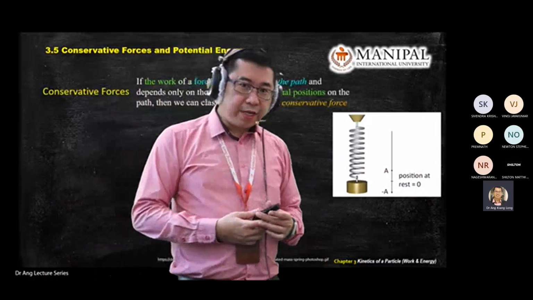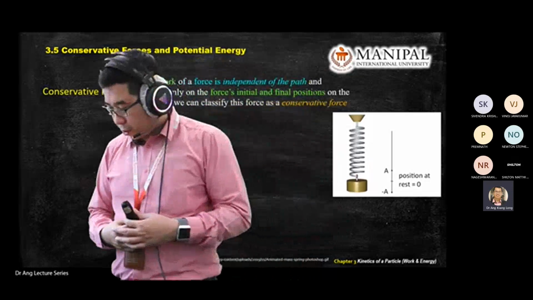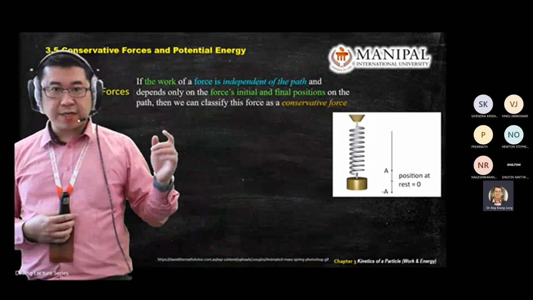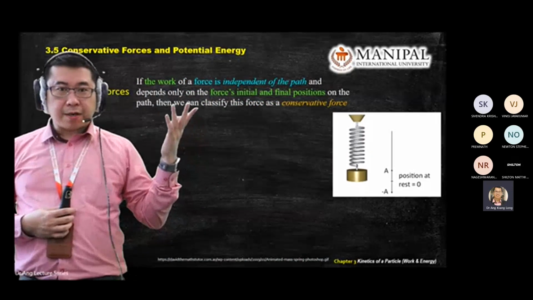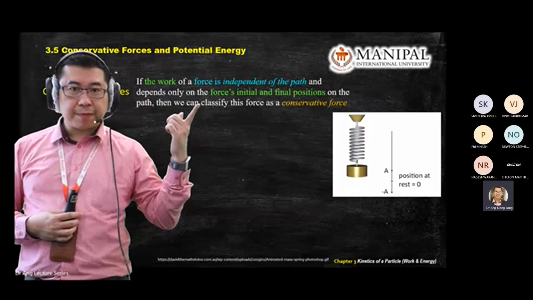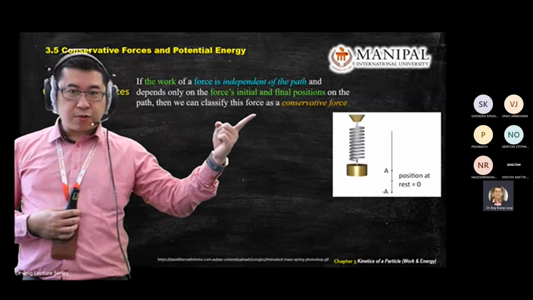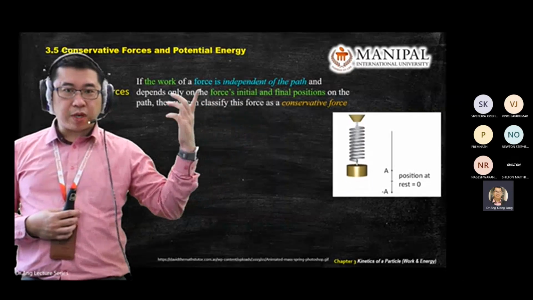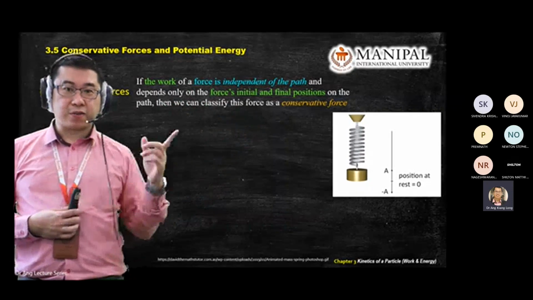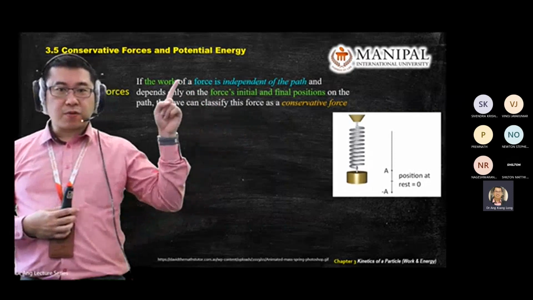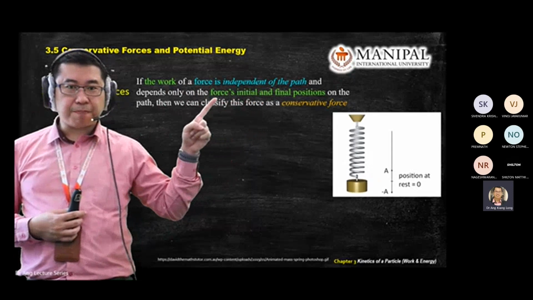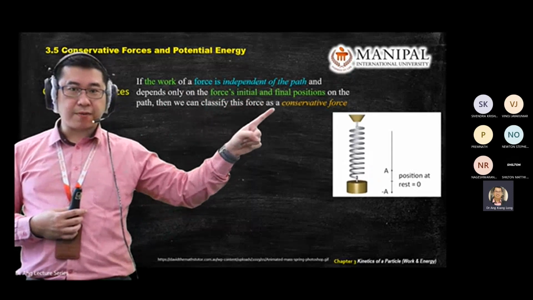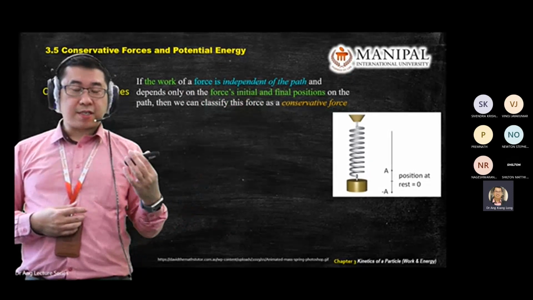So the definition of conservation of force, as you can read from here, it used the concept of work to define the conservation of force, right? So if the work of the force is independent of the path and depends on the initial and final position, which is the definition of work.